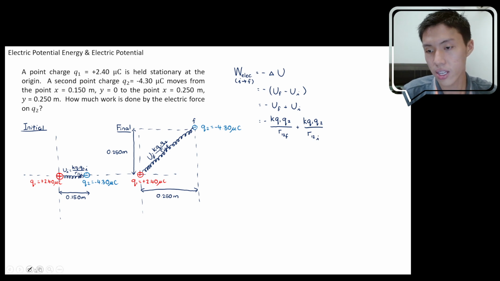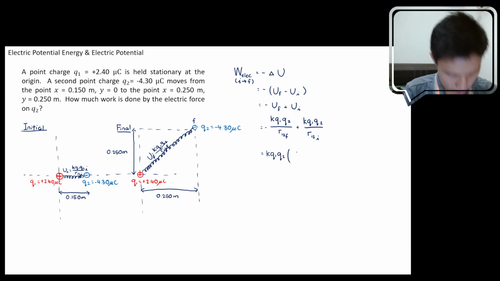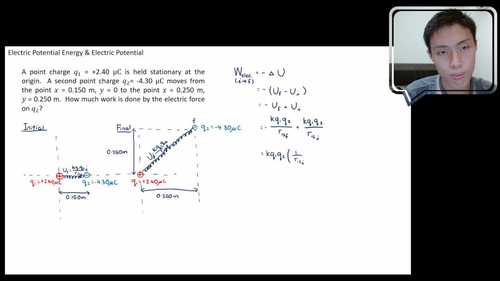So that's us substituting in the expression for potential energy. I think there's a lot we can factorize out. So let's do a bit of factorizing: K Q1 Q2 can all be factorized out. What's left inside the bracket will be 1 over R12 initial. I'm bringing this one to the front because this is positive.